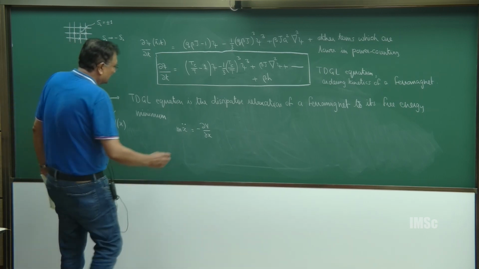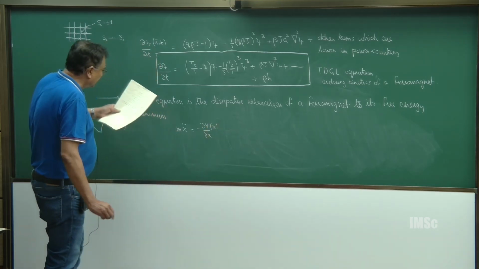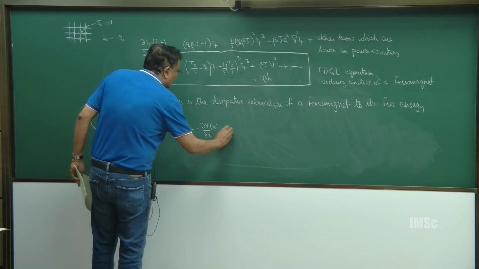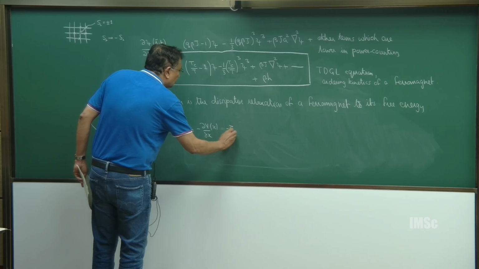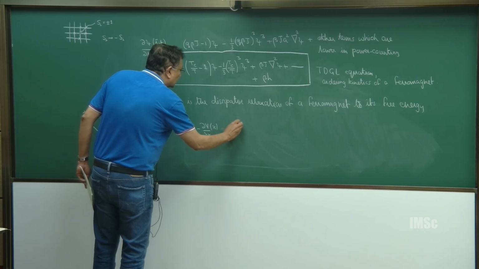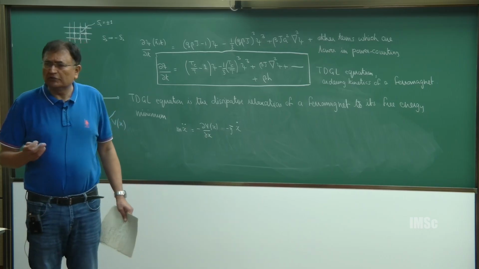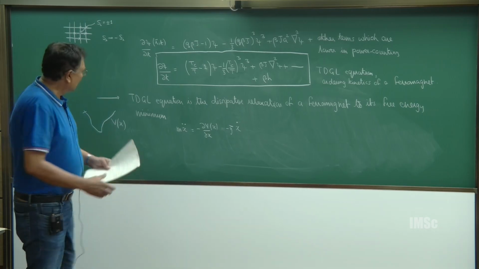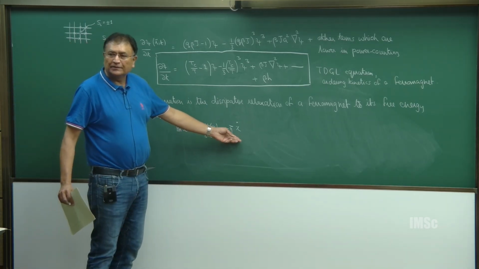And if you include a dissipative term, you also put in minus the friction coefficient times x dot, a term proportional to the velocity. We've all done this, right? Damped pendulum or something. That's the usual Newton's equation term, and that's the damped term.